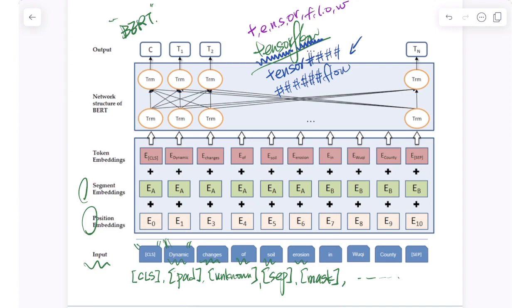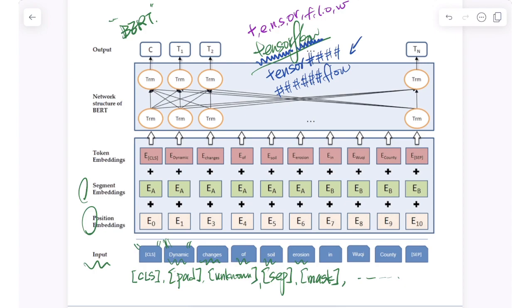If this word is rarely seen and they don't know how to cut it into word pieces, they may use characters to represent the original token if it is a very rarely seen English word.